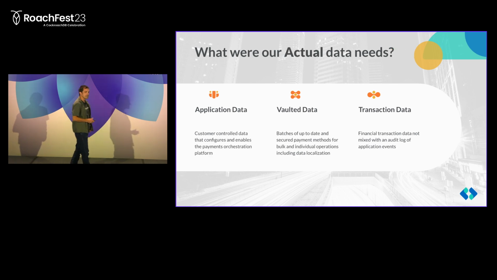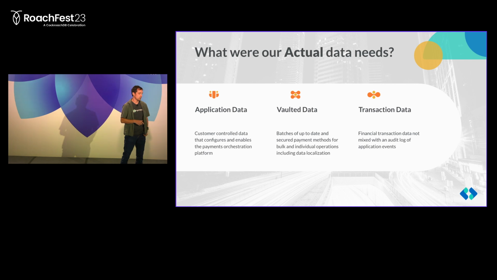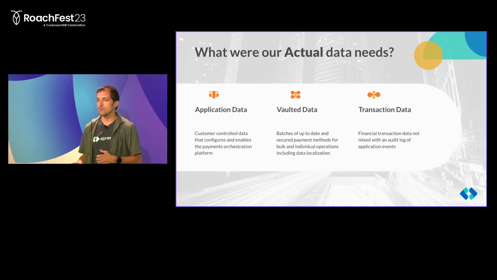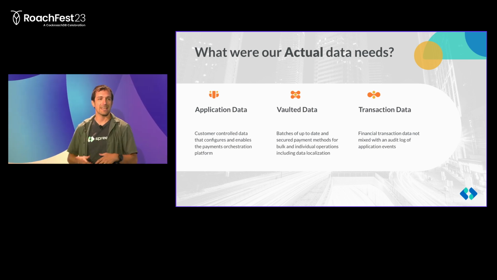The deeper I got into this, the more I realized that what I thought our data needs were and what our actual data needs were were different. The application data began to take shape as the primary features became defined, and the data became more customer-centric. The customers wanted more ownership over it, data localization, and things like that. The vaulted data that we thought was individual payment methods became batches and sets of payment methods that we either imported or exported or that customers moved between their environments.